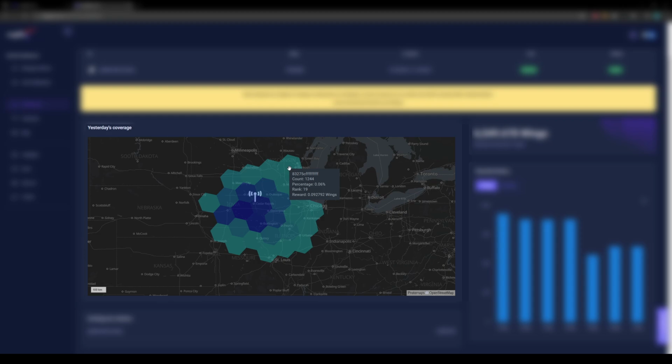Remember that someone can still be contributing 99% of the messages for an area for a hex, and you're contributing 1%, but you may be capturing the 1% that they can't. So we're all working together to create this coverage network. Every message counts. I know the rewards are going to be small in this case, basically less than 1/10 of a wing.